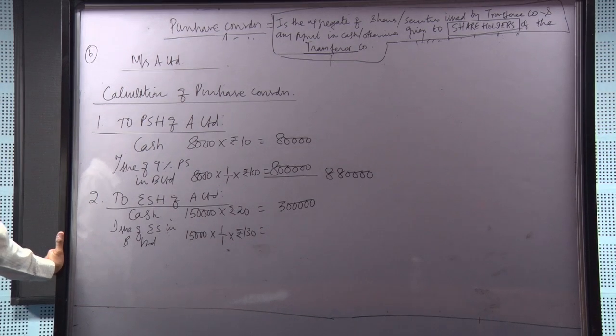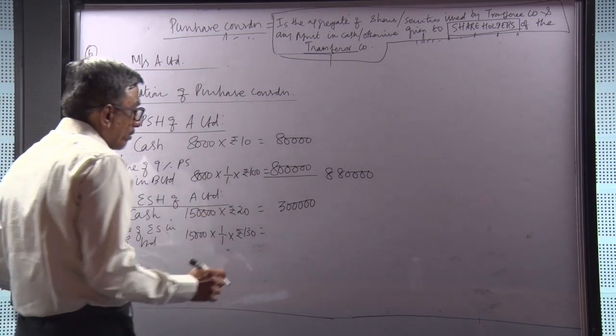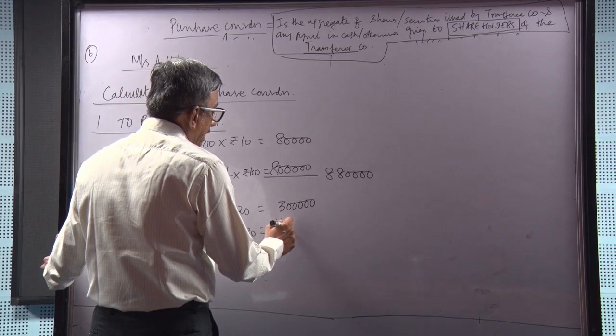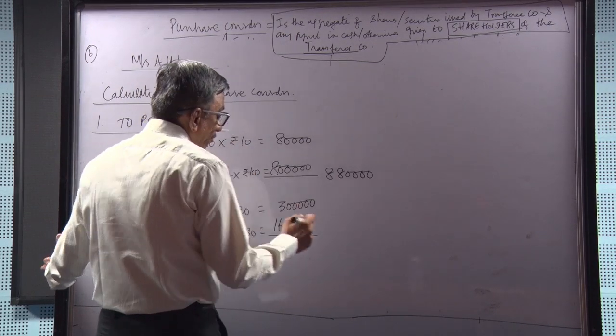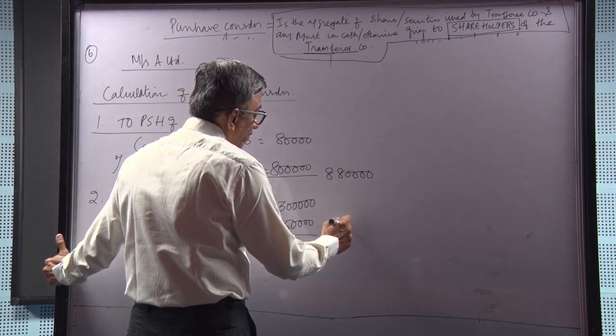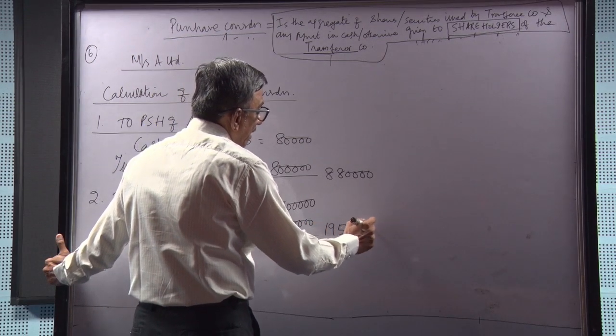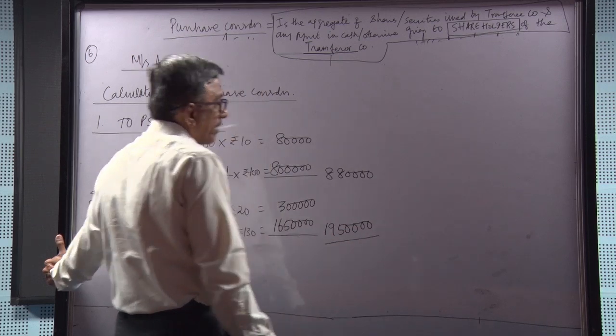For every share in A Limited, B Limited will give 1 share. So there are 15,000 shares. So you will get 15,000 equity shares of B Limited, but at the rate of 130 per share, which is equal to 16,50,000. Therefore, the equity shareholders will get 19,50,000 worth of consideration.